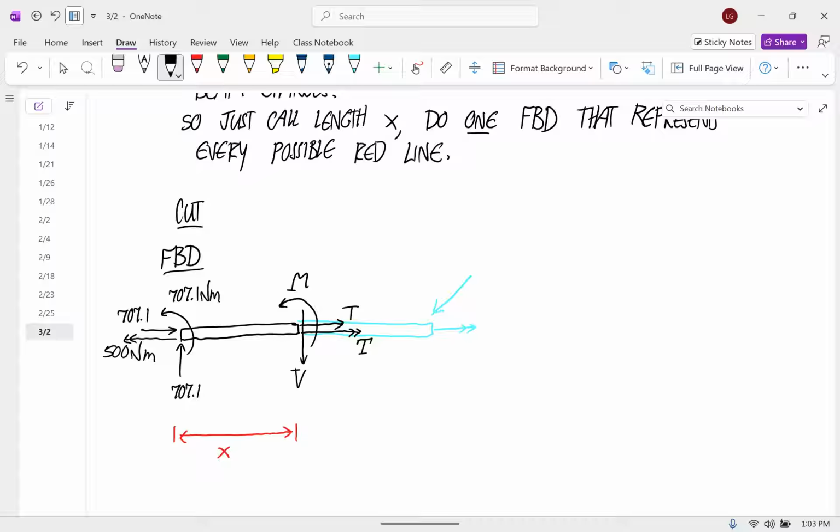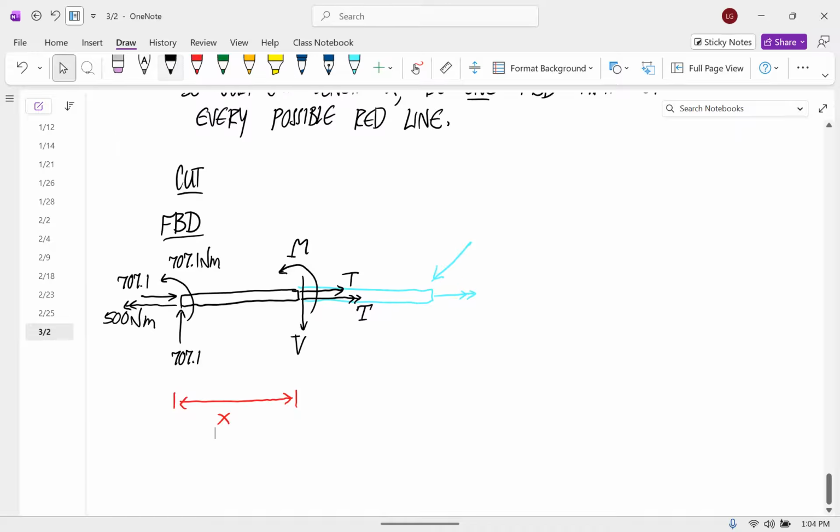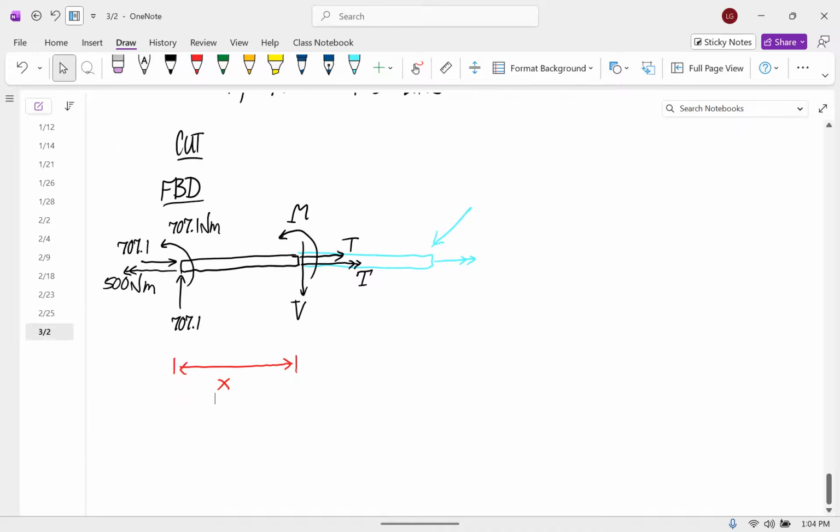X can be anything inside the length of the beam, and we're going to calculate all these functions in terms of X. That's the only thing that we're changing now. This free body diagram looks exactly the same as it did in the earlier example. It's just that before we knew what X was, we had a number for it. Now we just have a variable. And again, my about point is going to be here. I'm always going to put my about point at the left for these.